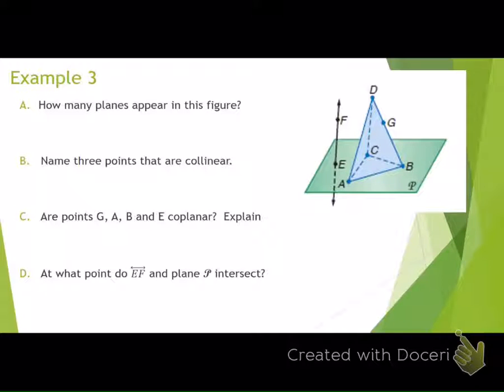So Tucker, what do you see? Here, and down here. Yeah, so it looks like there's 5. Some of you might have said 5 because don't you see the 3 faces of this pyramid here? But the third face is sitting on this plane here. Do you guys see that? So it's still just one less plane, so that's 4.